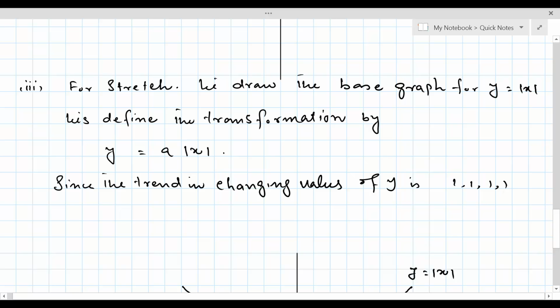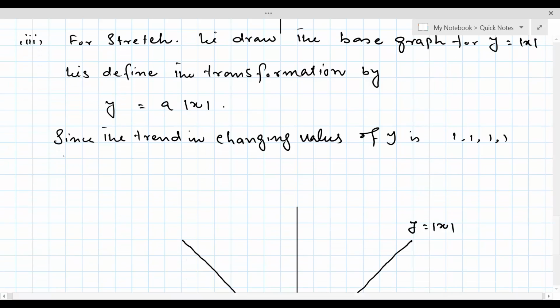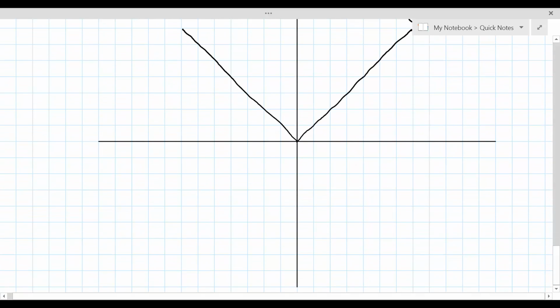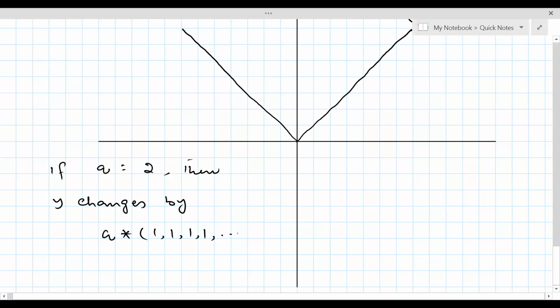So if a is equal to 2, then y changes by a times 1, 1, 1, 1.